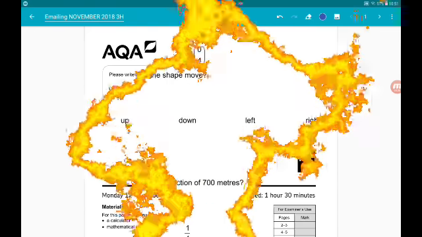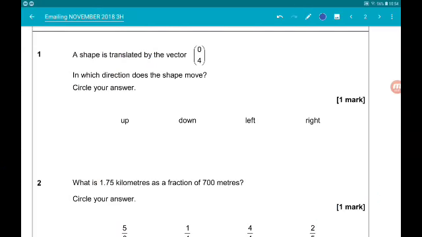Okay, let's do this. Question 1. A shape is translated by the vector (0, 4). In which direction does it move? So, vectors have two parts. The top number is the x vector. If that's positive, we move right.